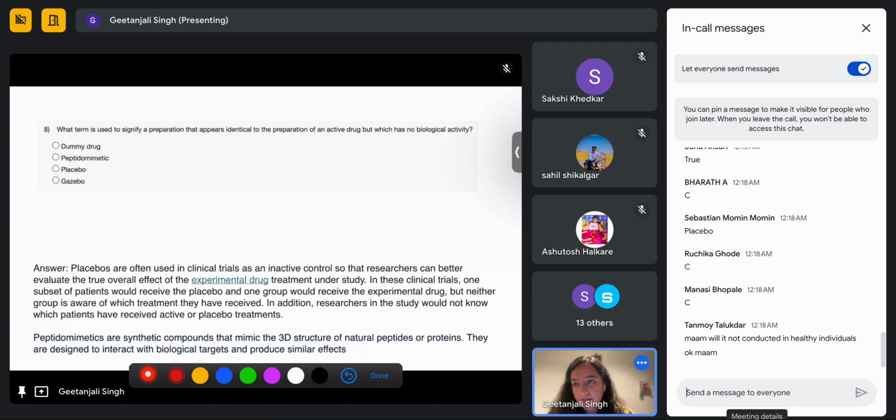But the question said it does not have any biological activity, so peptidomimetic cannot be the correct option. Placebo, that's right. Gazebo is basically a hut kind of thing. It has nothing to do with medicinal chemistry. Let's move on to the next question.